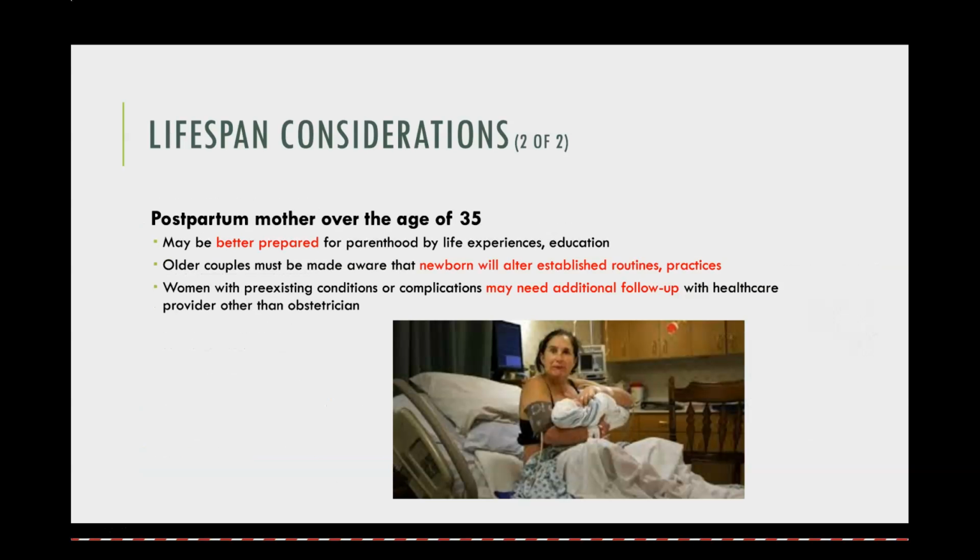Postpartum moms who are over the age of 35 are typically better prepared for parenthood because they've had a whole lot of life experiences and typically are fairly well educated. But older couples can oftentimes be very overwhelmed because the newborn will alter their established routines and practices.